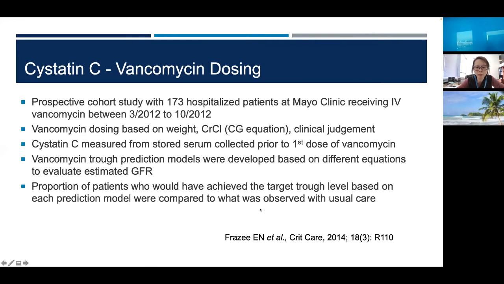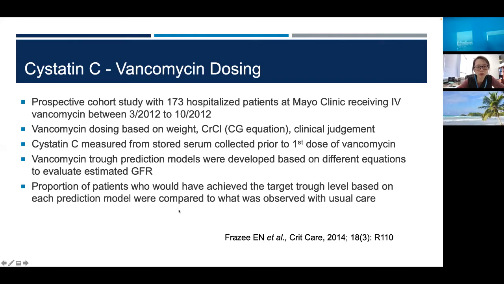It excluded patients who had AKI at baseline before starting vancomycin or prior to the vancomycin level being drawn. They drew the vancomycin level just prior to the 4th dose. They also measured cystatin C from stored serum collected prior to the 1st dose of vancomycin.